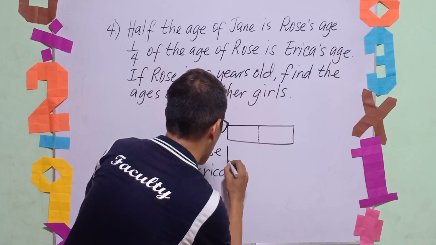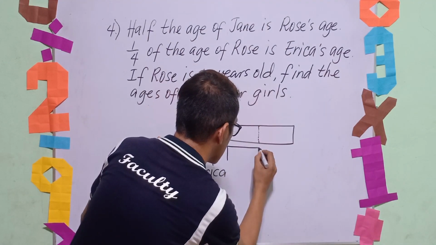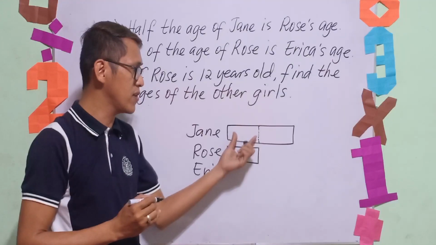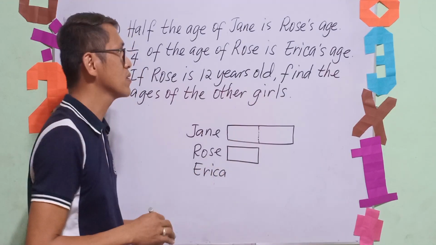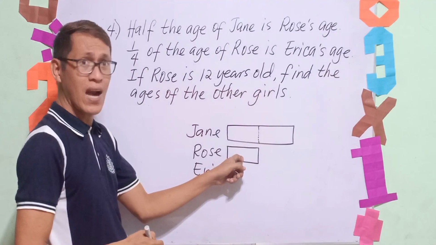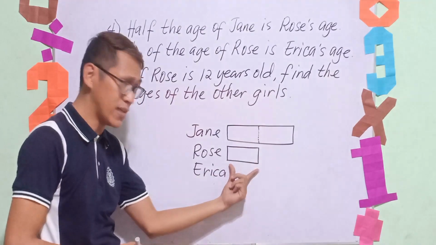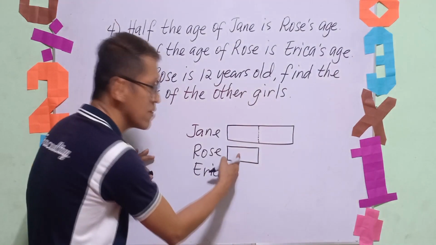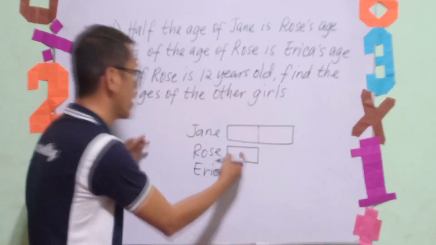So half of this is the age of Rose. So let's draw a block that represents the age of Rose. Then 1/4 of Rose's age is Erica's age. So get 1/4 here, then that's the age of Erica using the blocks. So let's divide this into 4 to get 1/4.